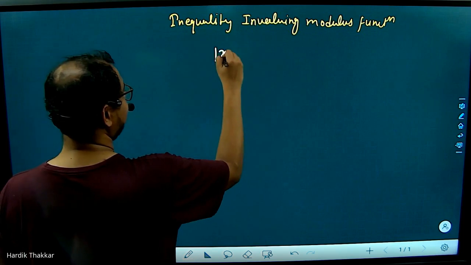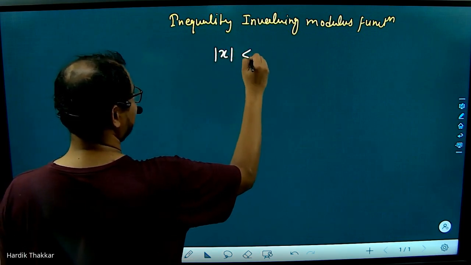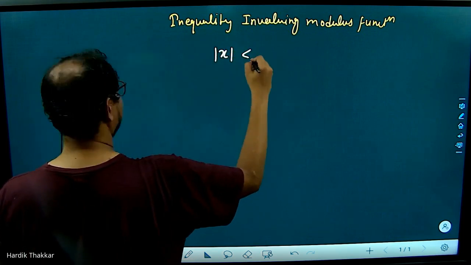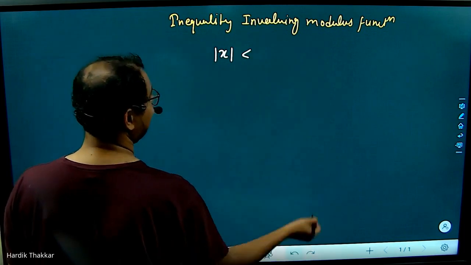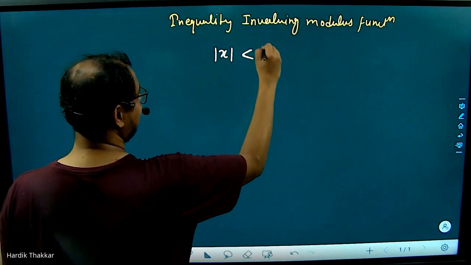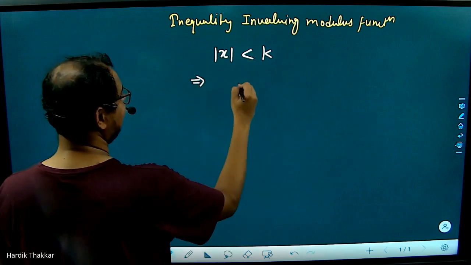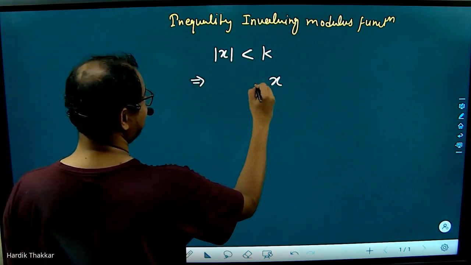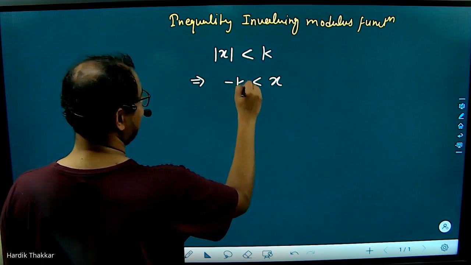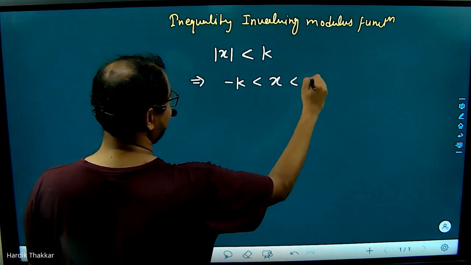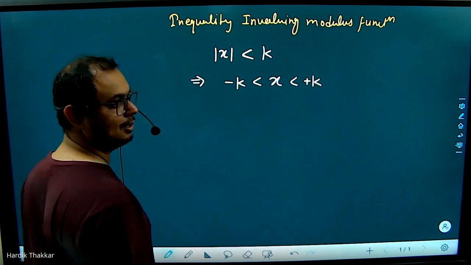If we have a function like this, mod x less than, suppose it is k, it implies that the inequality will be x is greater than minus k and less than plus k. It will be like this.